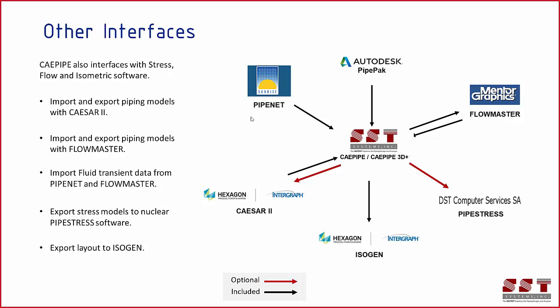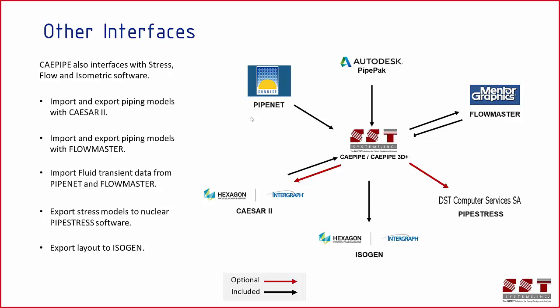You can take the geometry and the complete stress model from Autodesk PipePack. It's no longer alive, but enough input files are sitting there in the world, so we do have a translator to take PipePack directly into CAEPIPE, and you can also go into IsoGen for isometric drawing, detailed drawings, and you can also take the model from Caesar 2 into CAEPIPE.